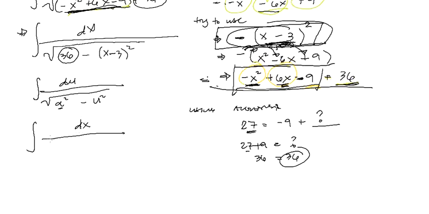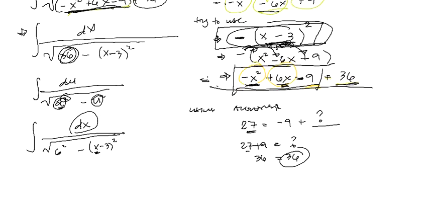So we have dx over the square root of our base constant here, 6 squared. Then once again, 6 squared is just equal to this 36, then minus the function of x, which is x minus 3, and then squared. Okay, wherein the derivative of x is just dx.